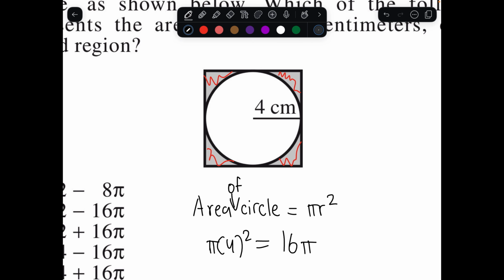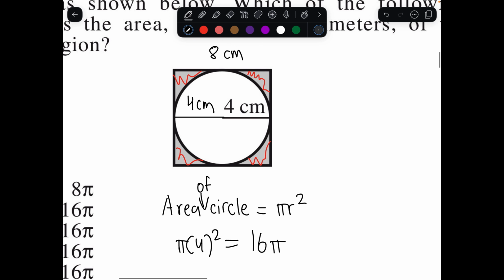Now we need to find the area of the square, and we should subtract 16 pi from the area of the square to find the area of the shaded region. If the radius of the circle is 4 centimeters, that means the diameter is 8, right? This is also 4 centimeters, so that means it has to be 8 centimeters.